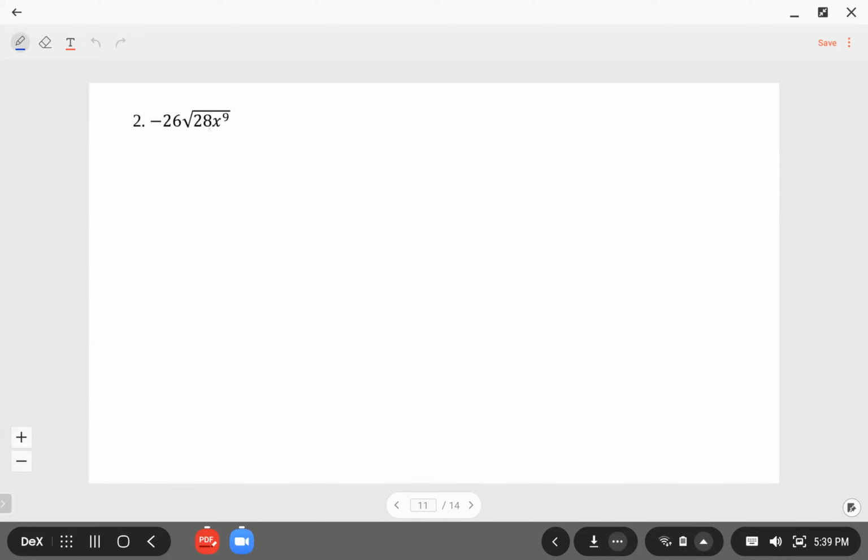Let's see. Let's simplify what's in the square root first, okay? So what do we have here? We have square x to the 4th and x. Okay. And square root of x. Okay, so now we can do this.